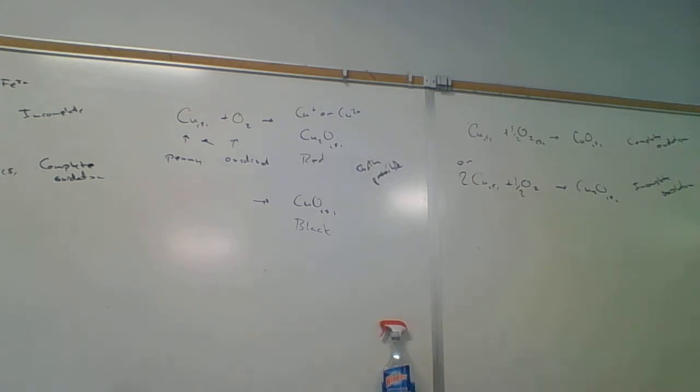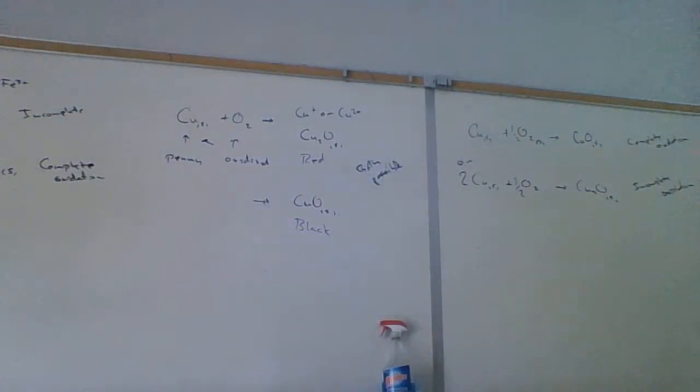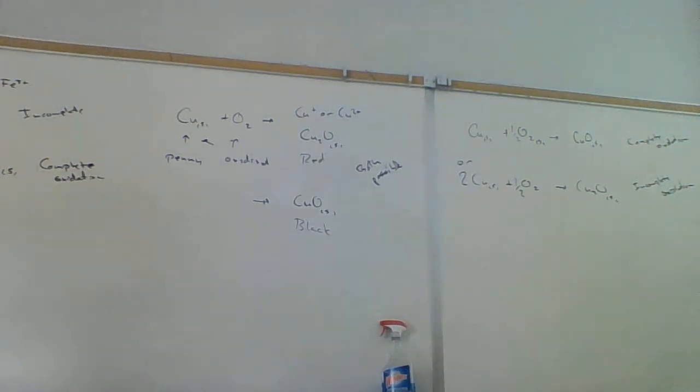Iron(II) oxide has this color. So when you see rust, rust is iron oxide. When you see rust, is rust black, like this?